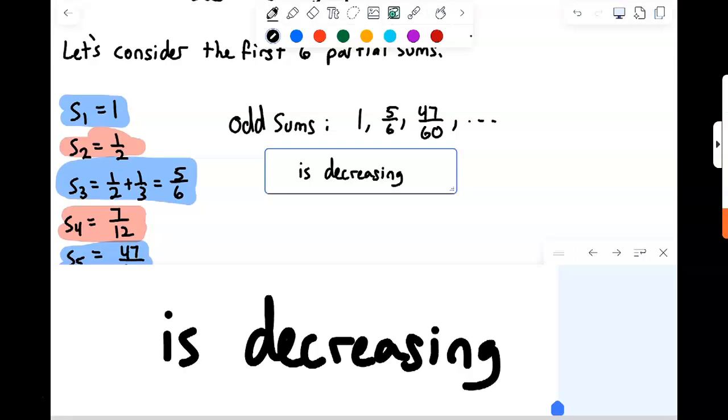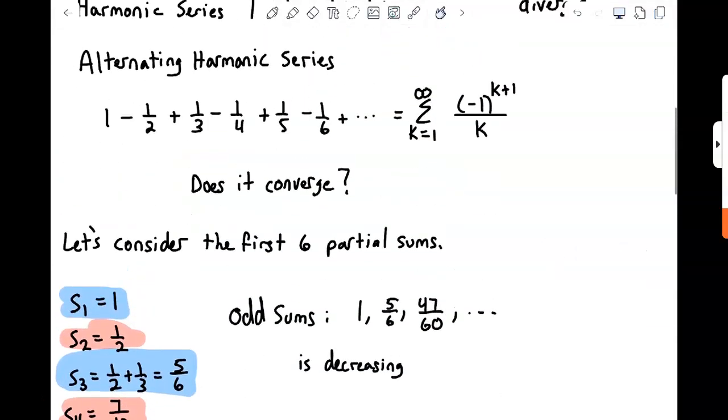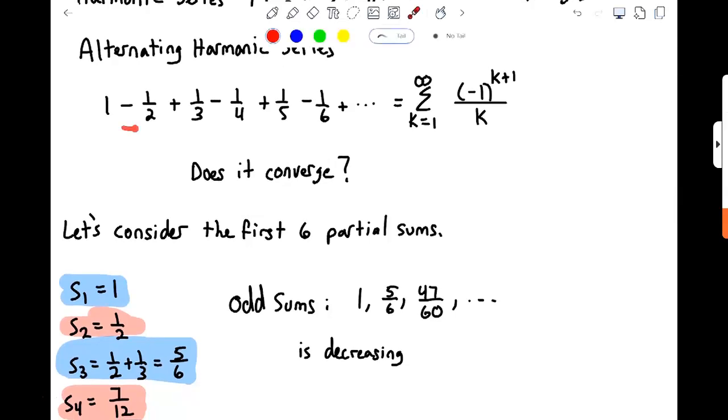And you can see this because after the first term, when you get to your third term, it's 1/2 plus 1/3, which is smaller, since 1/3 is smaller than 1/2. So we're always taking it down just a little bit when we get to the next term. And the same thing, 1/4 is bigger than 1/5, so minus 1/4 plus 1/5 is always adding on a small amount. So when we look at the odd terms, this is always going to be decreasing.